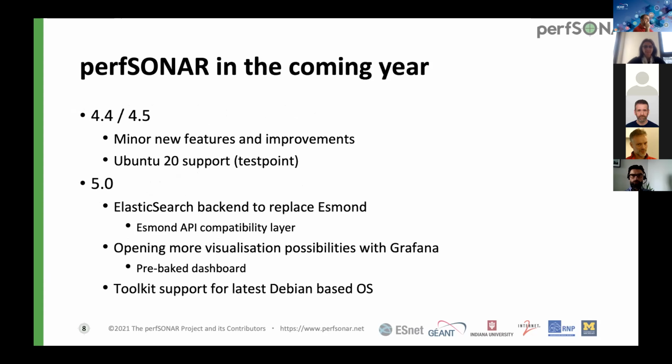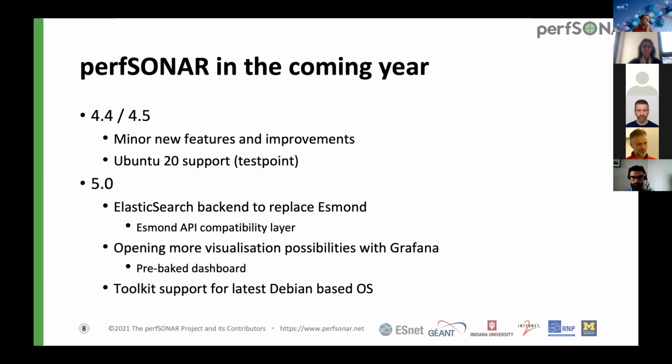And now if we look at what we are currently working on and what you can expect from perfSONAR in the coming month, we're currently working on maintaining version 4 of perfSONAR with some small new features and improvements coming along, mostly related to pscheduler, and bringing in support for Ubuntu 20.